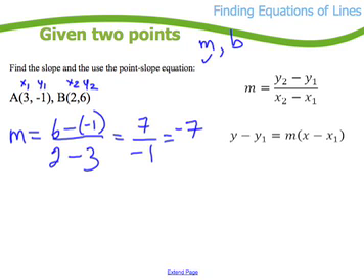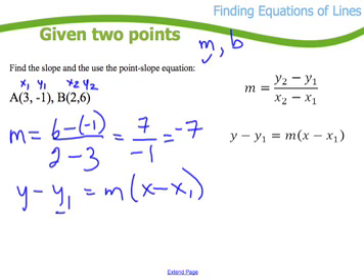Well, we just saw on the last page that I could use this slope-intercept form, or this point-slope form, in order to find the y-intercept. So let's use that. Okay, so I've got y minus y1 equals m(x minus x1). And remember, I only plug in stuff here, here, and here.